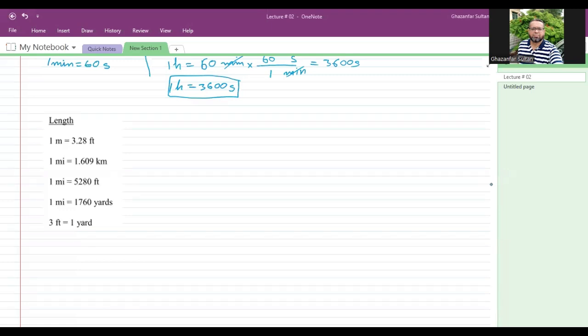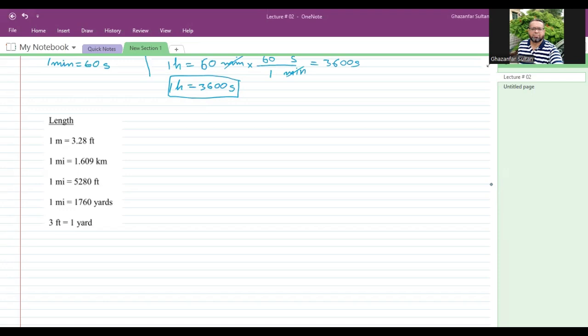Now see, there are certain relationship, but meter to feet is direct relationship, mile to kilometer is direct relationship, and here it is mile to feet, mile to yards, and feet to yard.